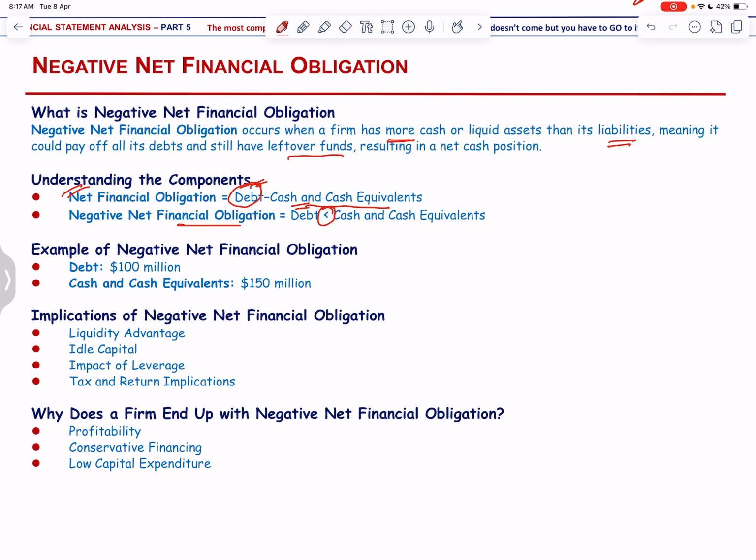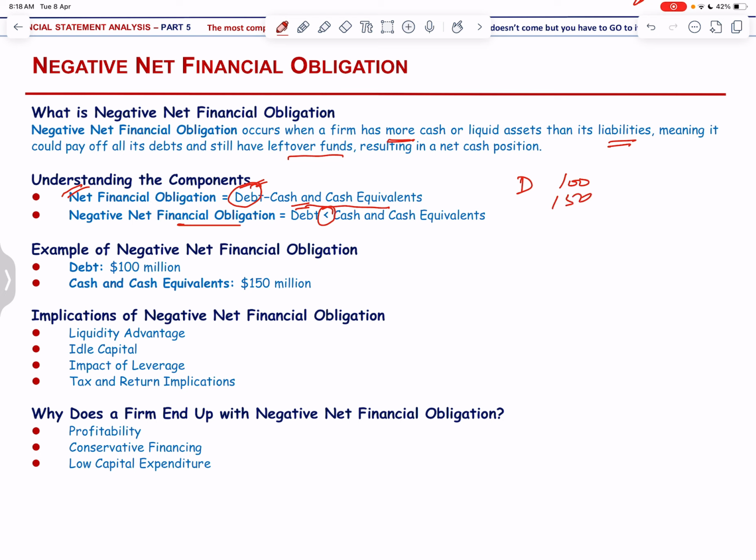This means the firm has more cash or liquid assets than the debt it owes, so its net financial obligation is negative. For example, a company has a debt of say 100 million and cash equivalents are 150 million.